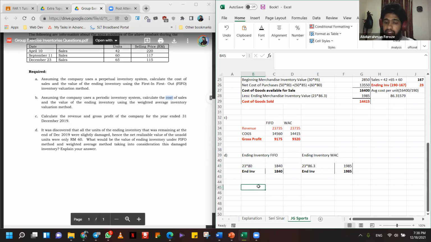Because the NRV is 60 ringgit, and the cost under FIFO and the WAC is higher, we have to take the lower of the two. And so the actual would be 60.